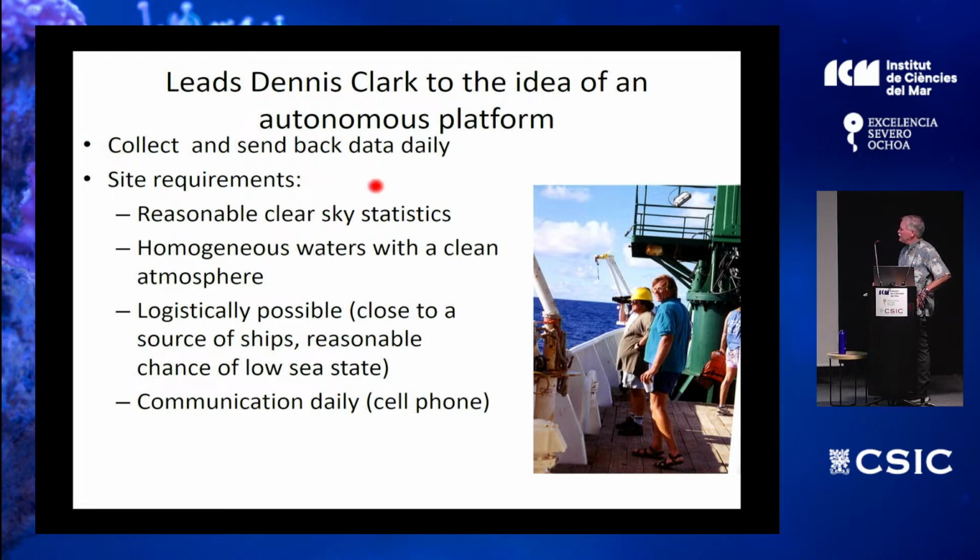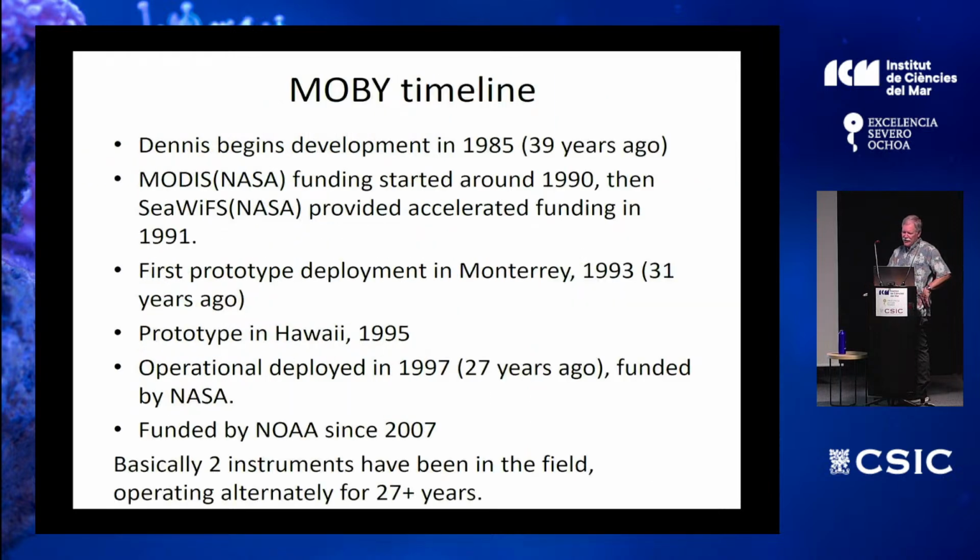You need homogeneous waters with a clean atmosphere. You need to have ships so you can get out to the buoy and have a reasonable chance of low sea state. And so basically the MOBI began when Dennis started development in 1985, which is a long time ago now.